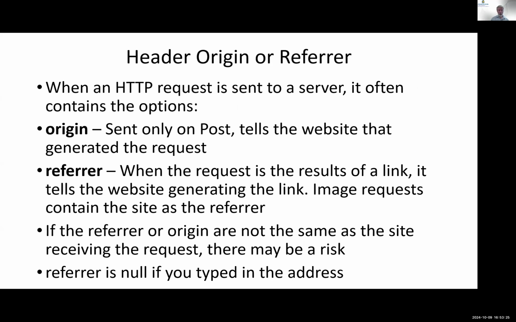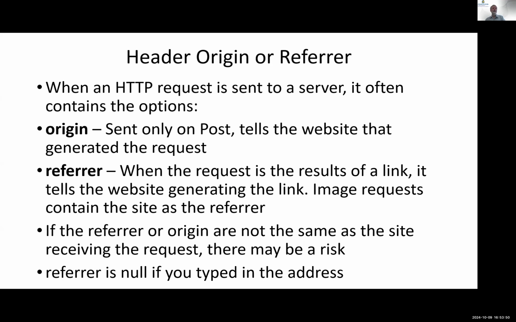Okay, there are options with HTTP cookies. You can have origin. It appears as an option. It says, where did this come from? Sent only on a post. It tells us the website that generated the request. Did you type it in? Did you click on a link? If you clicked on a link, it tells you what web page sent you there.